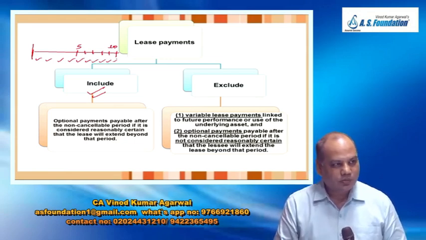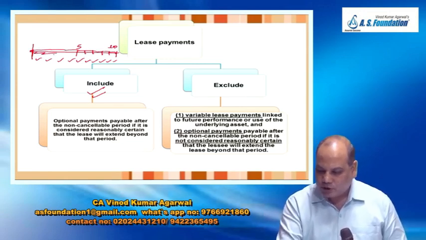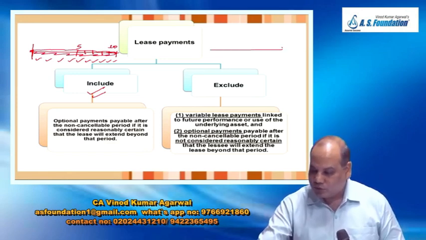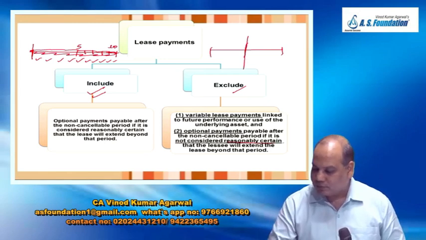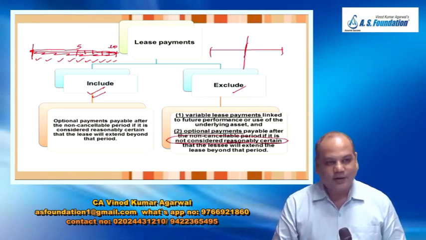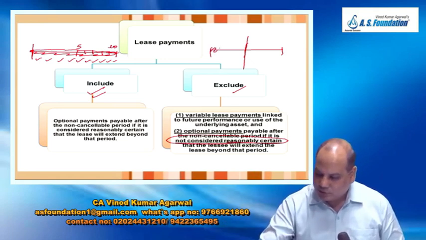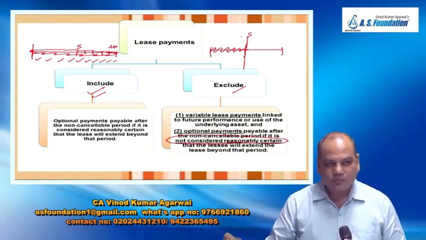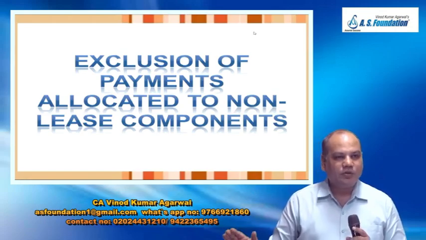In calculation, compute the present value of whatever lease payment you will make up to 10 years. But if suppose we are not certain that the option will be exercised to extend, then in my initial calculation, I will take only up to 5 years. Is it right? Now we'll take a break.